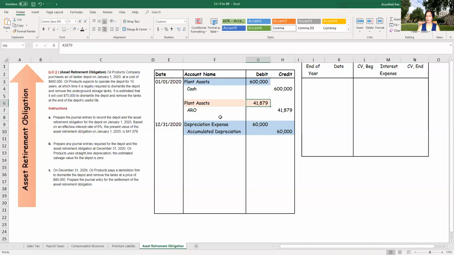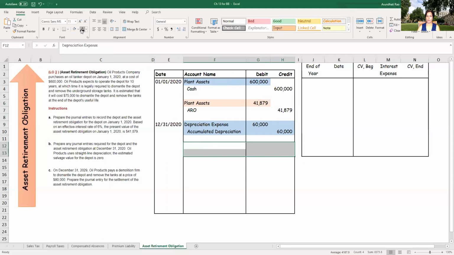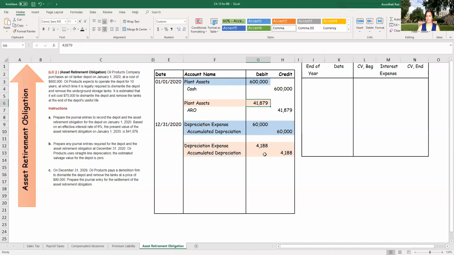So 41,879 divided by 10. Again, it's going to be depreciation expense debit, accumulated depreciation credit, and it's this number that I'm dividing by 10. So I could combine these two journal entries, depreciation expense debit, accumulated depreciation credit, and put it as one journal entry. I've just done it twice to show you how I came up with these numbers.